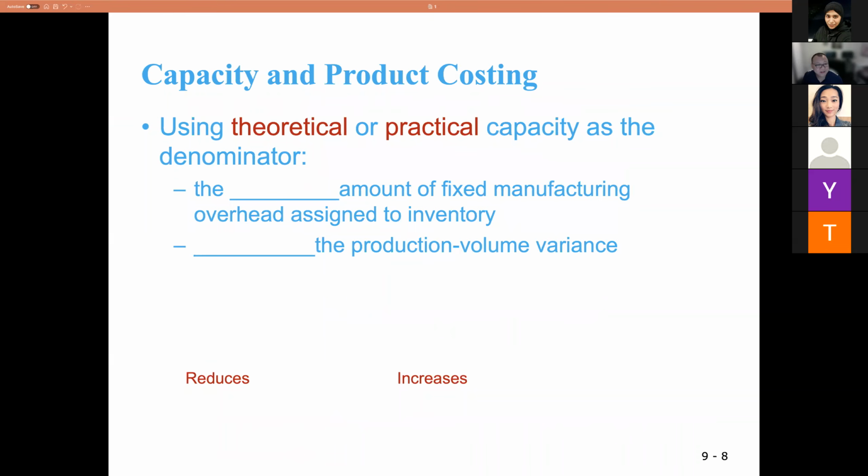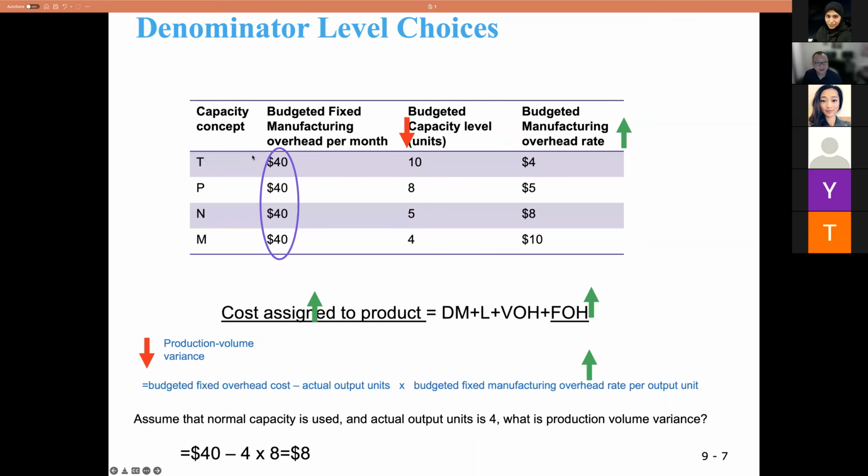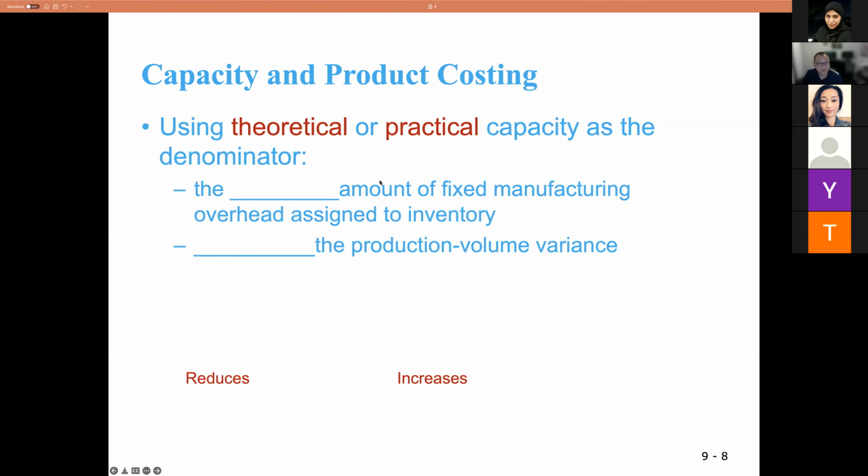Here's my question. Using theoretical or practical capacity as the denominator, what amount of fixed manufacturing overhead is assigned to the inventory? So when you use these capacity levels, is it going to reduce or increase the amount of fixed manufacturing overhead assigned to the inventory?